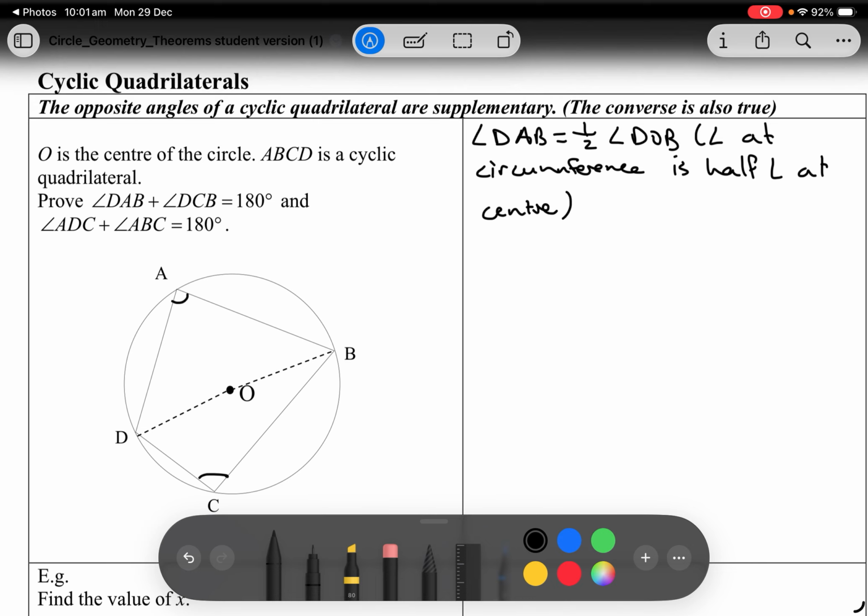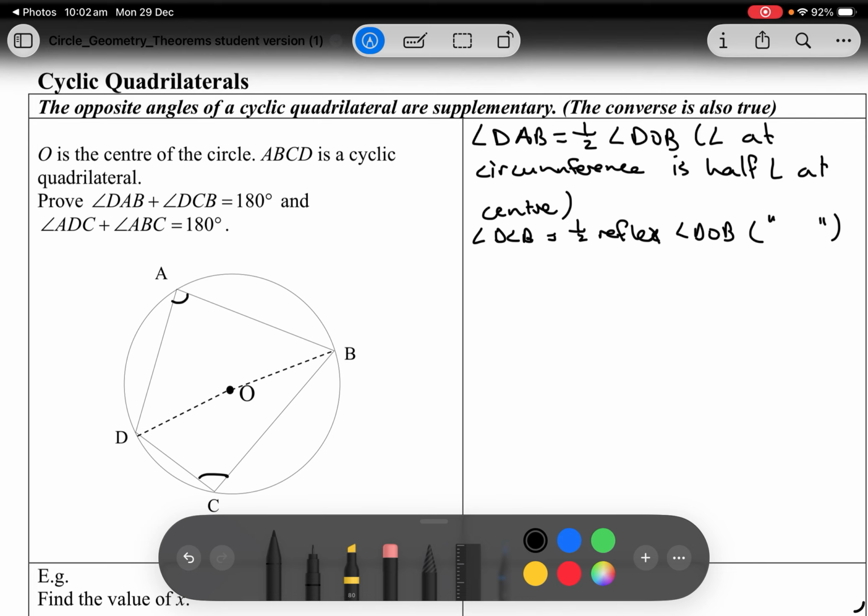Okay. We also know that angle DCB is half of the reflex angle DOB, for that same reason. So I'm just going to put these little quotation marks just to say it's the same reason.